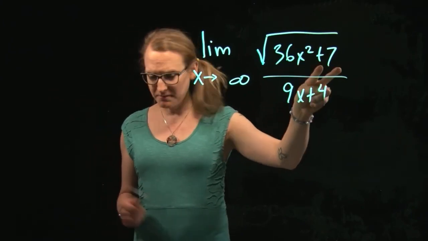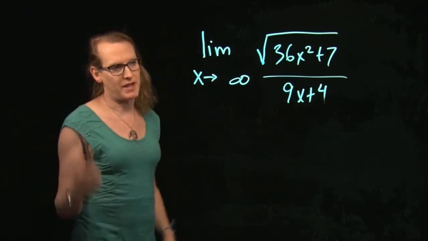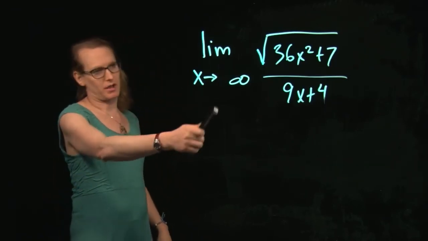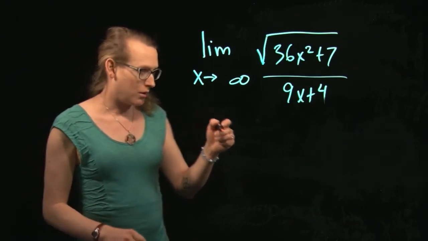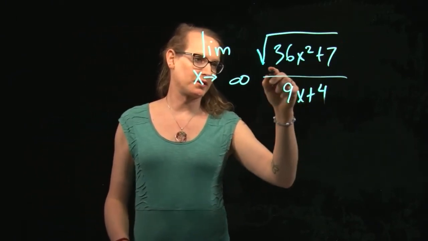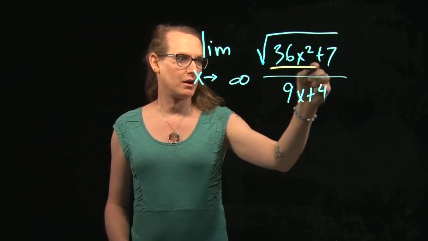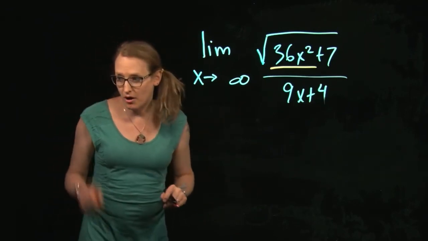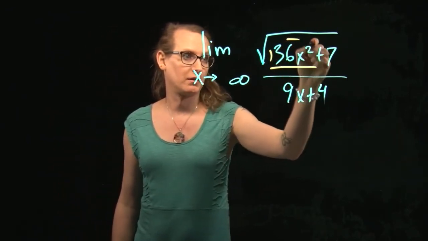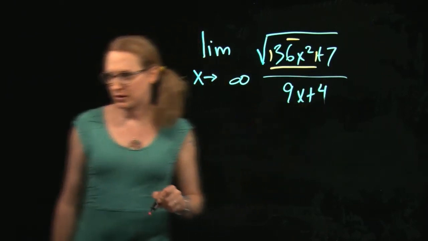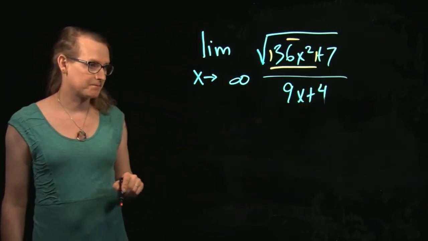And this 7, I might as well not be adding it. 7 is a drop in the bucket compared to any flavor of infinity. So I can safely ignore the 7. The leading behavior of the stuff underneath the square root sign is that 36x squared right there. So we're going to focus our attention on that.